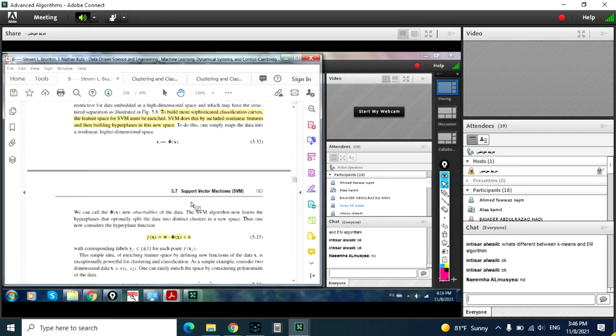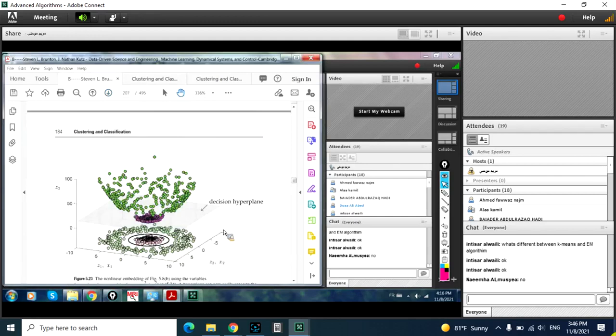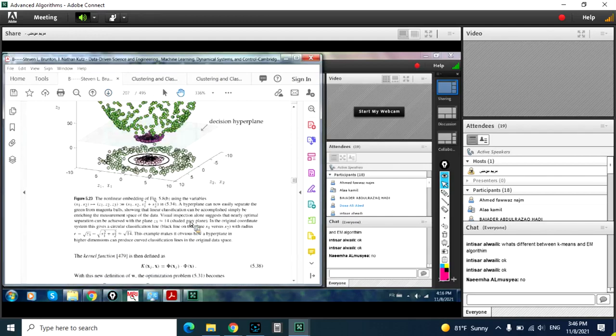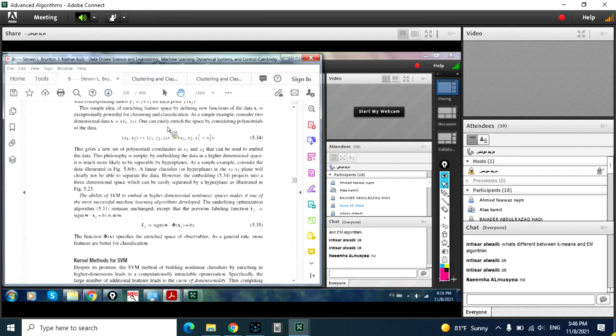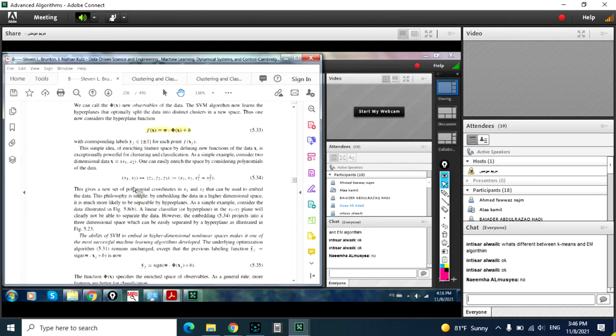And in the book also, you, for example, consider this. For example, here, if you have x1 and x2, and you want to map and transform this data to another space or coordinate.